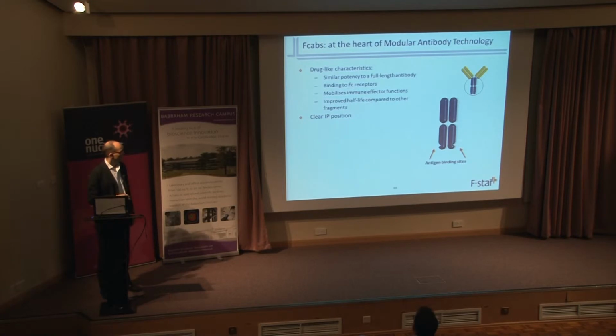Due to the localization here, there's in general no impact on Fc receptor binding, and the effector functions are retained. Also, the half-life, if you inject this as a molecule itself in mice, is approximately 75 hours, which is much greater than many of the smaller scaffolds. So it could be considered a drug in its own right.